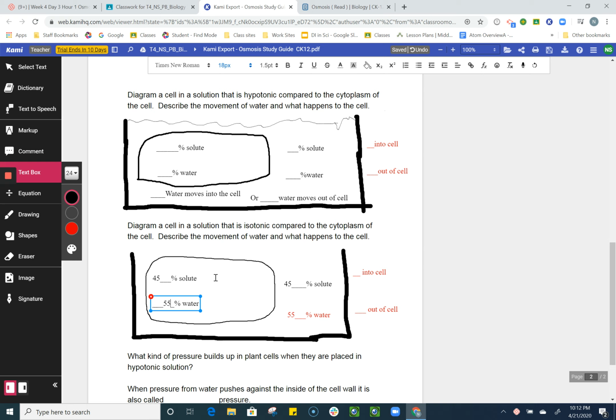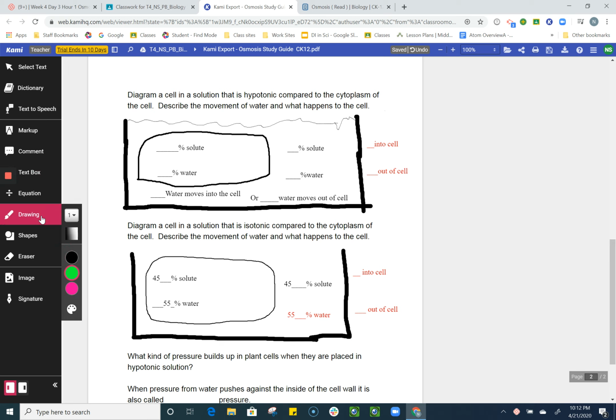Because it's equal amount of solute, equal amounts of water, if this membrane is permeable, then you will have the same amount of water moving into the cell as moves out. It will do so at the same rate.